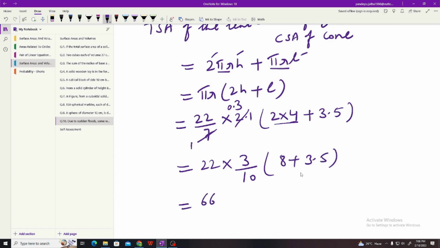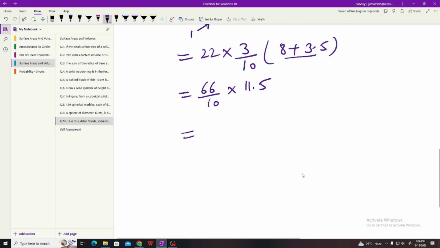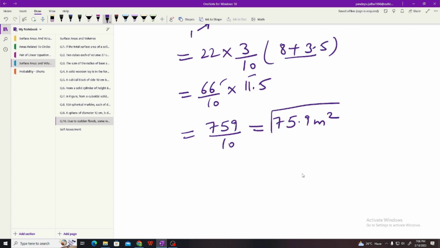So it is 66 upon 10 into 11.5. Multiply 66 with 11.5, we get 759 upon 10, that is equal to 75.9 meter square. This is the surface area of one tent.